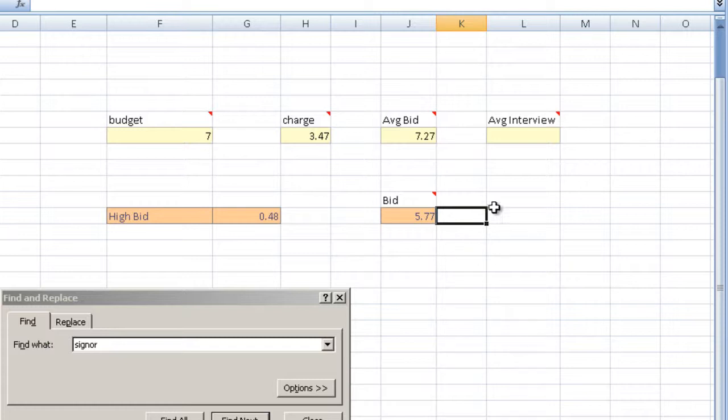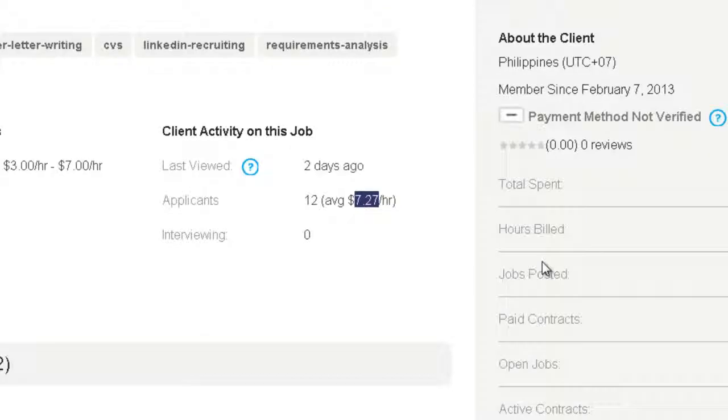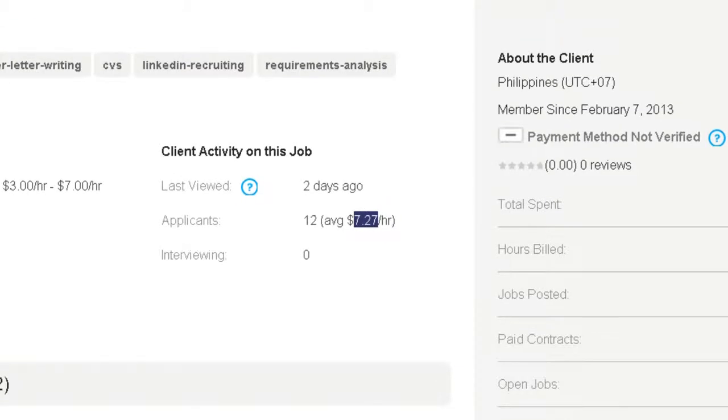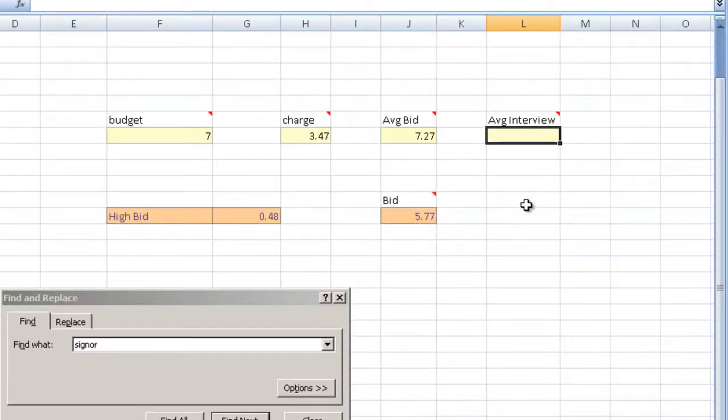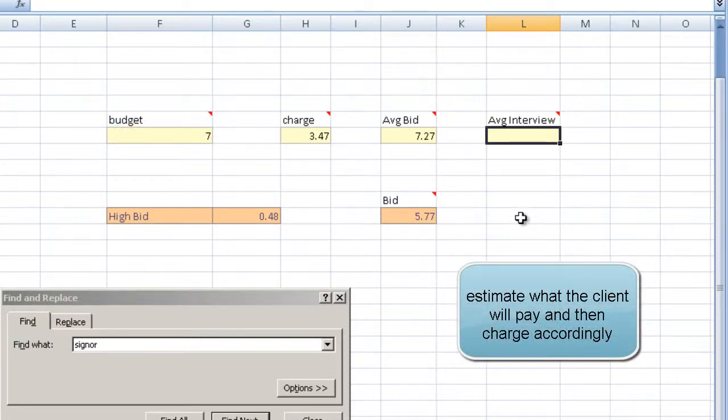And the bid will now be $5.77. And let's say the client was already interviewing and it was showing the average interview amount. That would be more important than either the average bid or the budget, because basically you're trying to predict what amount the client will be willing to pay.